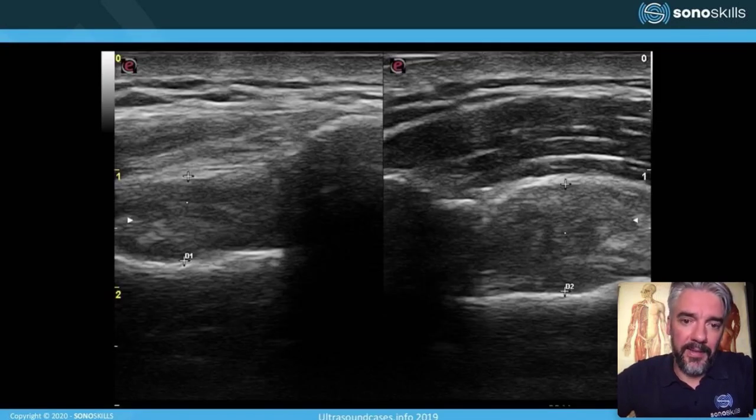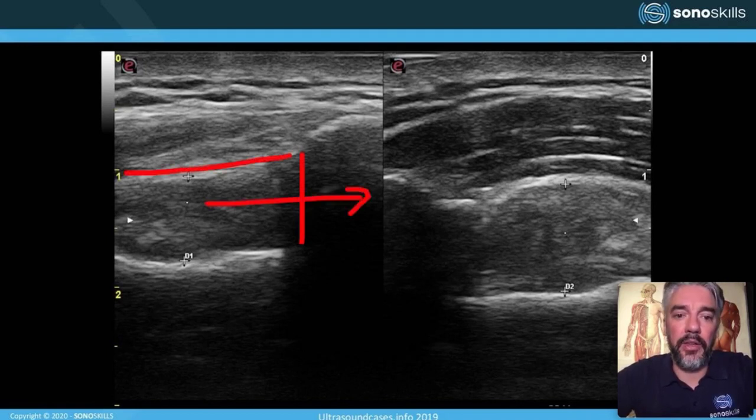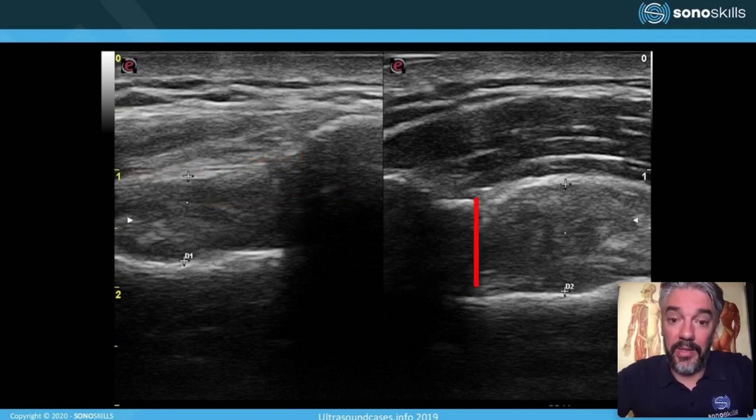So looking at the acromial-humeral distance, we can see that the supraspinatus fits underneath the subacromial space. But in this case, we can see that the acromial-humeral distance is smaller than the tendon and bursa itself.